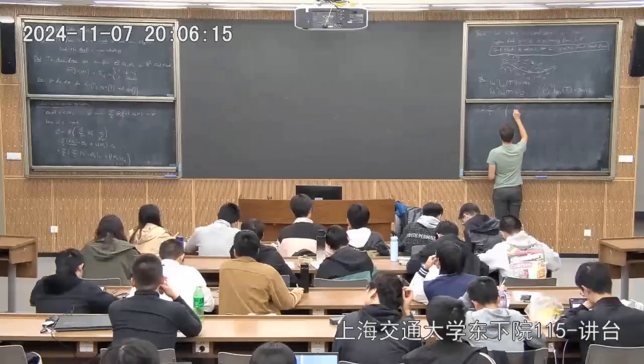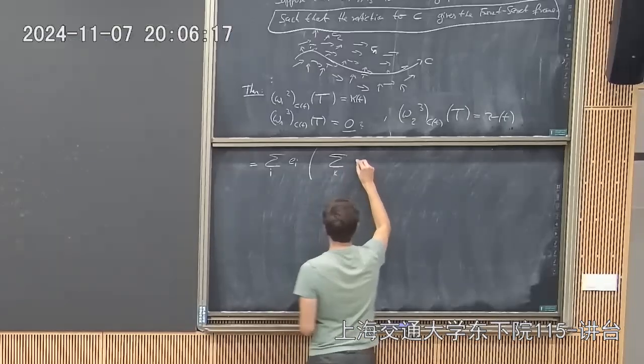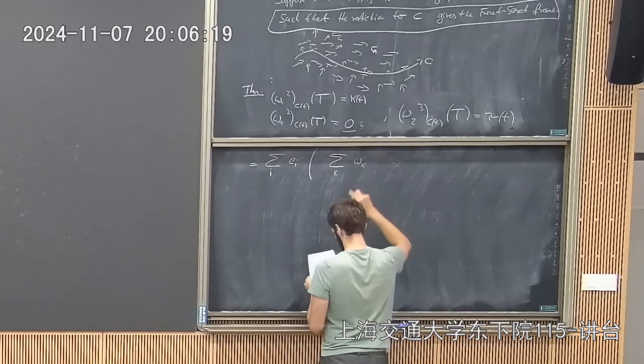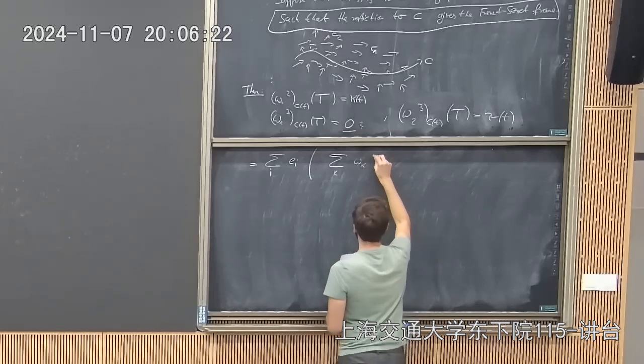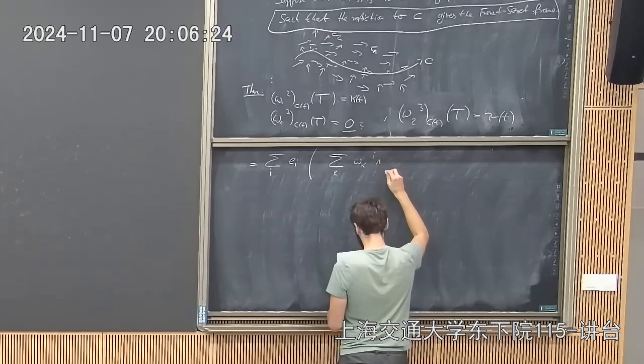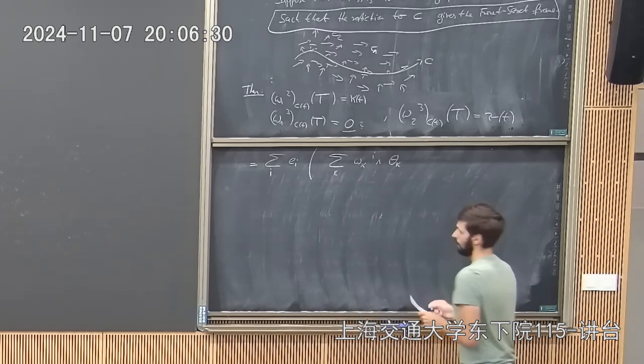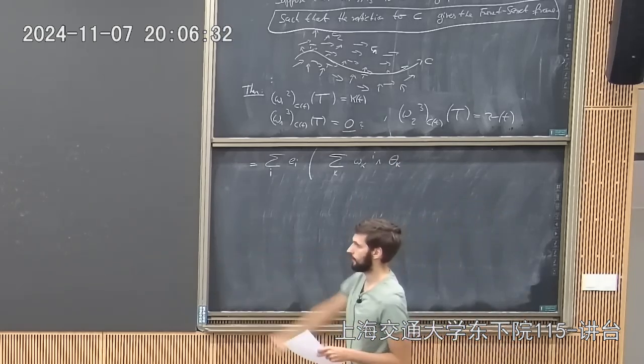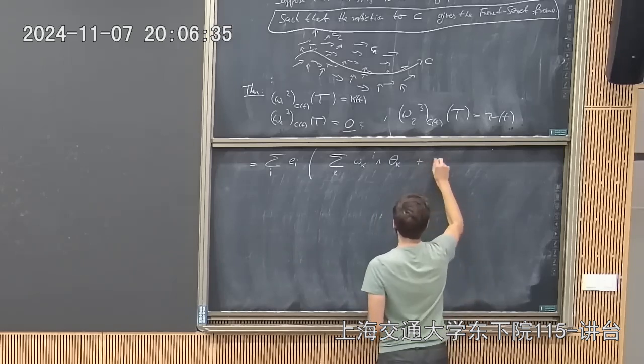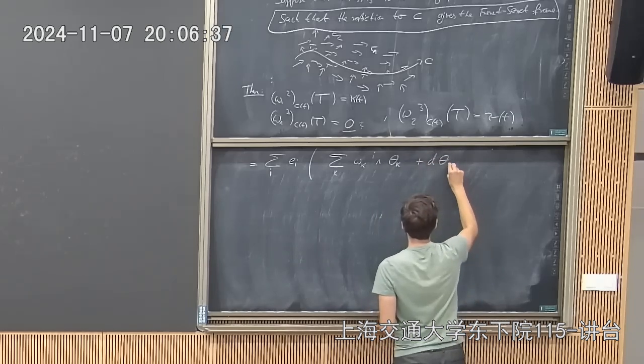The first term is omega_ki wedge theta_k, and in the second term we get d theta_i.